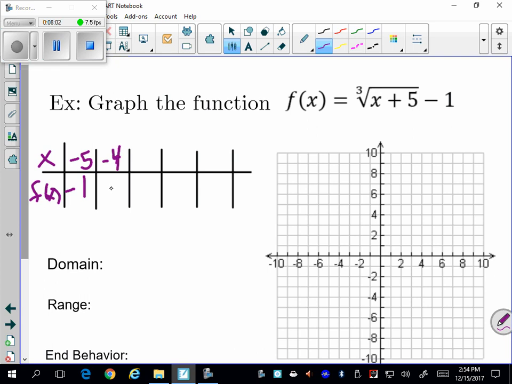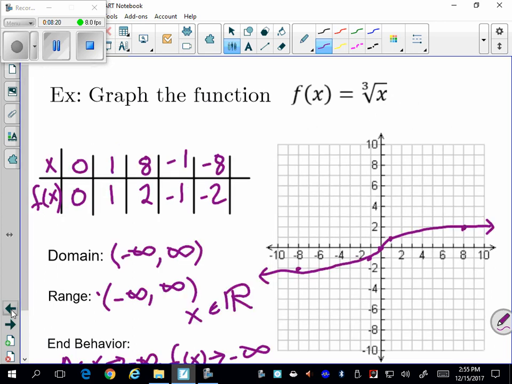And we want -1, so that'd be -6: -6 plus 5 is -1, the cube root of -1 is -1, minus 1 is -2. And what are our other numbers? We have -8 and 8.